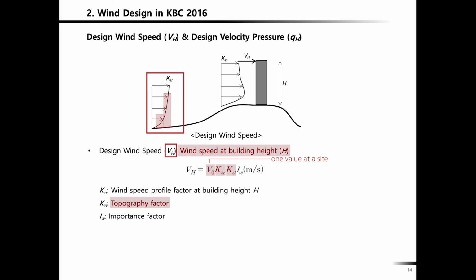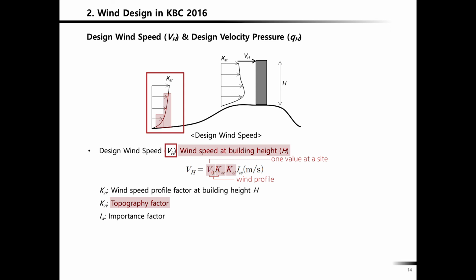So the profile is really V0 KZR. Then you have a wind profile. This is just a factor profile, but it's the same shape as V0 KZR.